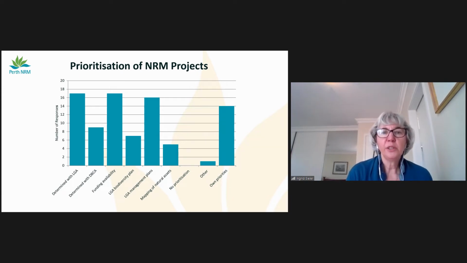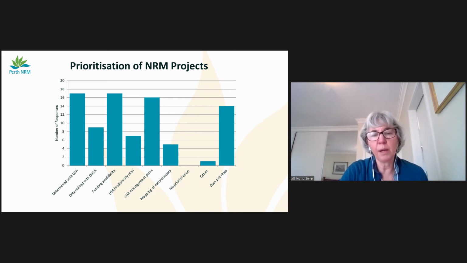So in order to do the work they do, how do they actually prioritise their NRM projects? It's reflective of the fact that most of them said they have a positive relationship with the managing body. Together, about half of the groups that responded determine it with the local government or with DBCA, or they use the biodiversity plans and the management plans.